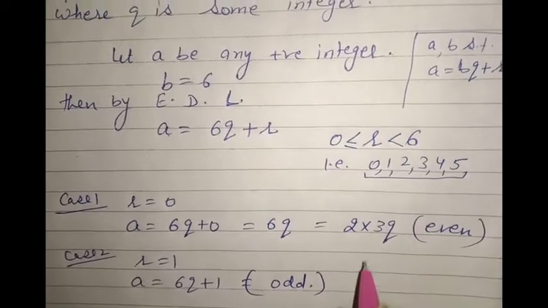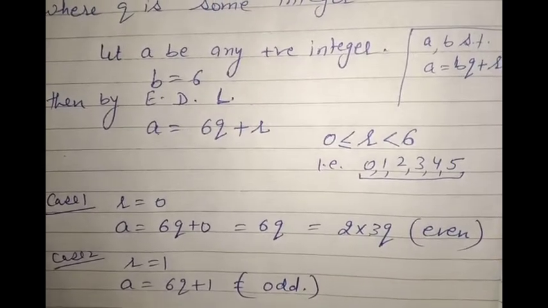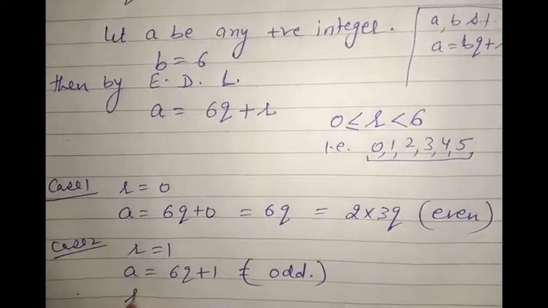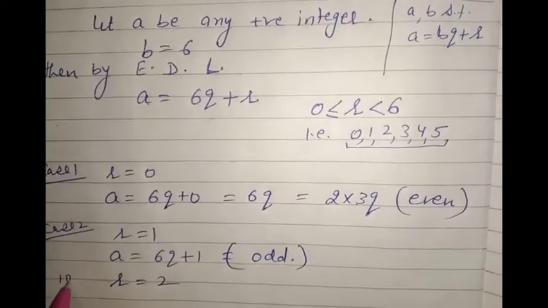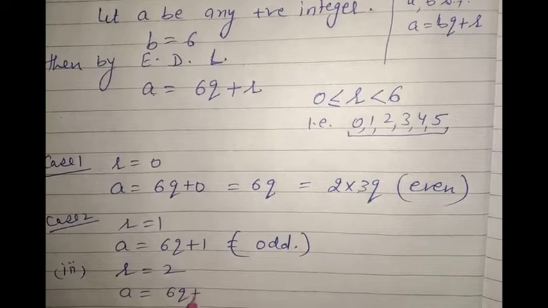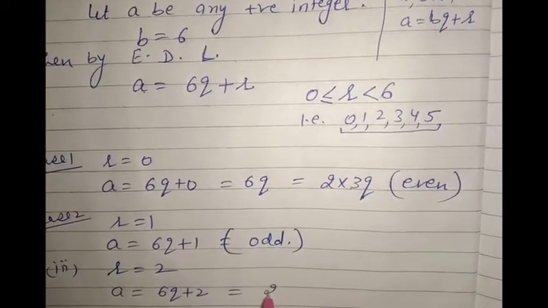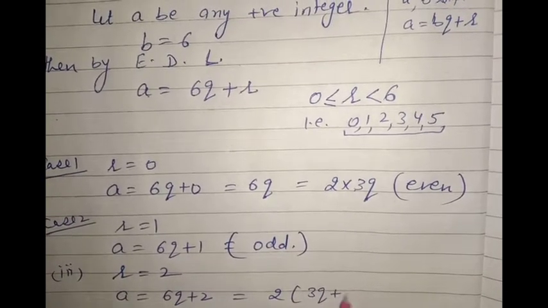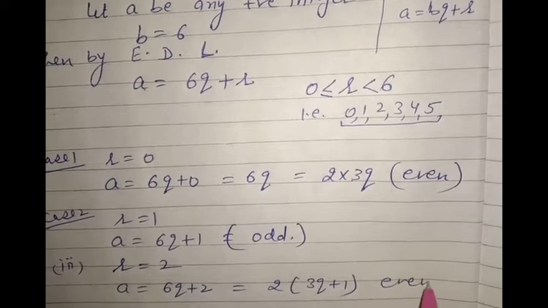The earlier one is even because 2 multiplied by something means even. Case 3: r is equal to 2. So a is equal to 6q plus 2. Again we can take 2 common, so 2 times (3q plus 1), it means this number is also even.